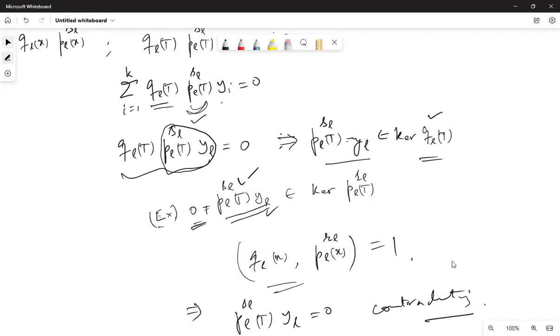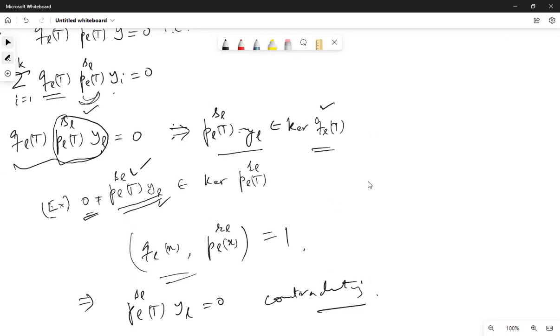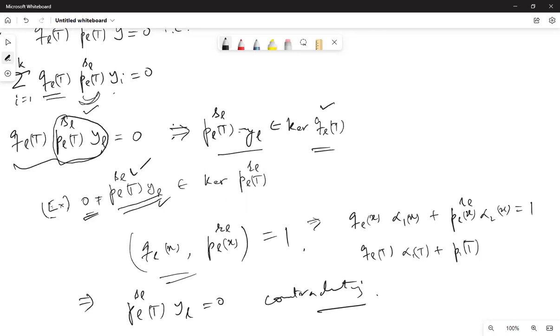Then QLX alpha 1x plus PLX raised to the power RL alpha 2x is 1, and that leads to QLT alpha 1t plus PLT raised to the power RL alpha 2t is equal to I. When you apply YL to this, this side would be 0.